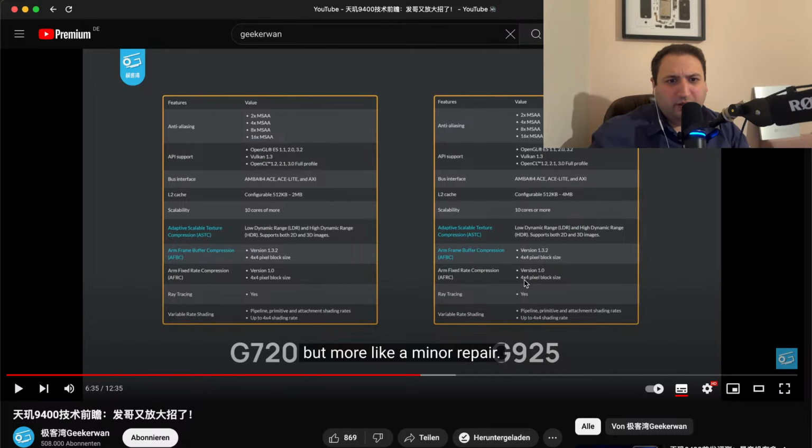Well, yeah, but those are the API supports and stuff. Oh, that's multi-sampling anti-aliasing. That's not really different features. Yeah, like the G720 was already pretty feature complete, I guess. Do you need it to artificially support some kind of extra feature? Like, it does support variable rate shading.